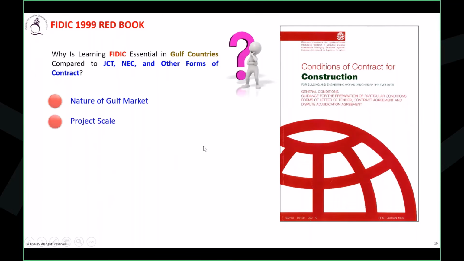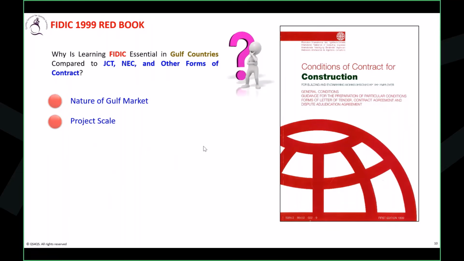Another thing is project scale. Now think about the project scale. In the Gulf region, you can see small projects, but there are mega projects going on. Now where are construction professionals heading? Which country are they mostly heading toward in the construction world? Mostly the Gulf industry.